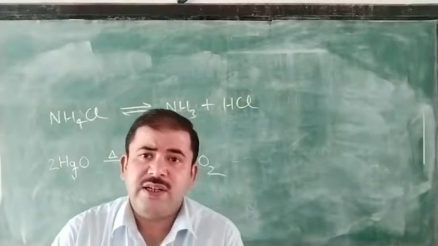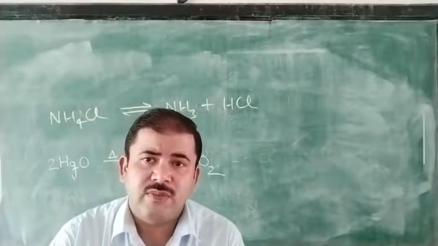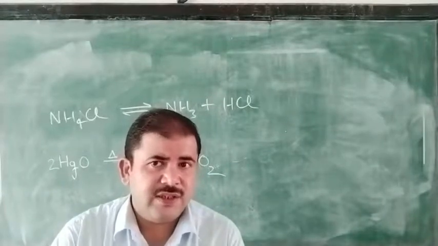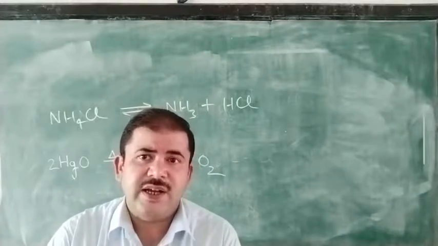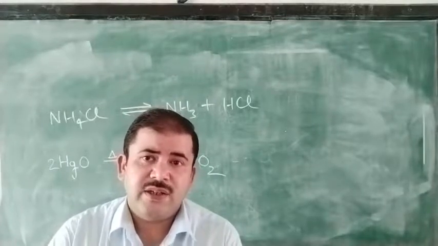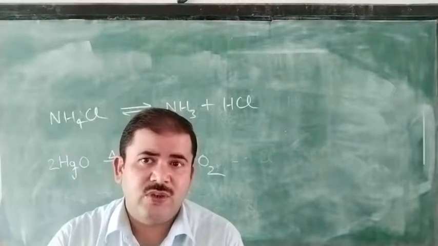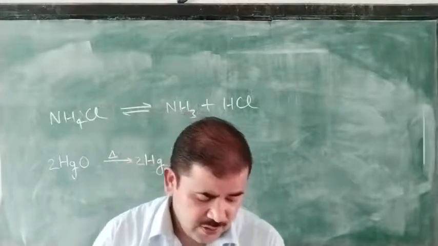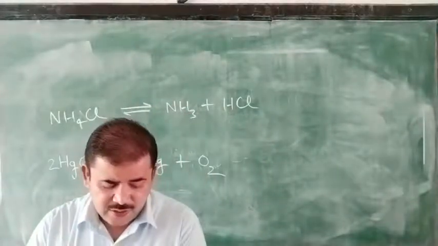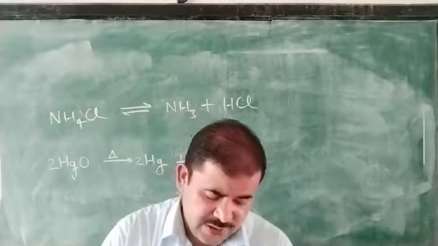Zinc's reactivity is more than hydrogen. In the activity series, zinc is placed above hydrogen. So this is the reason zinc can displace hydrogen, but copper is placed below hydrogen. So that's why copper cannot displace hydrogen from dilute sulfuric acid.